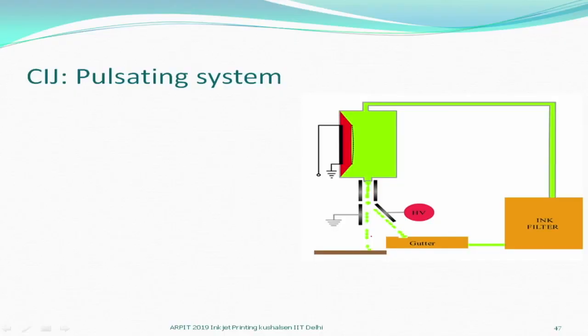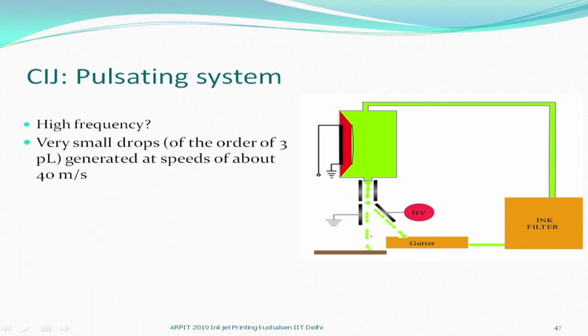In the continuous inkjet system called the pulsating system, very high frequency pulses are there, and then you get very small drops. So, they work at very high frequencies, and then you can get very small drops. Velocities are also high, and so better resolutions could be obtained.